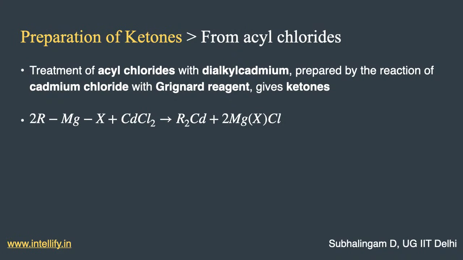I get R2Cd plus some byproduct, that is MgXCl. So this R2Cd is dialkyl cadmium, that is what we need. Now I take this R2Cd and treat it with RCOCl, that is acyl chloride. I get R-CO-R, which is the ketone which we desire, along with CdCl2 as byproduct.